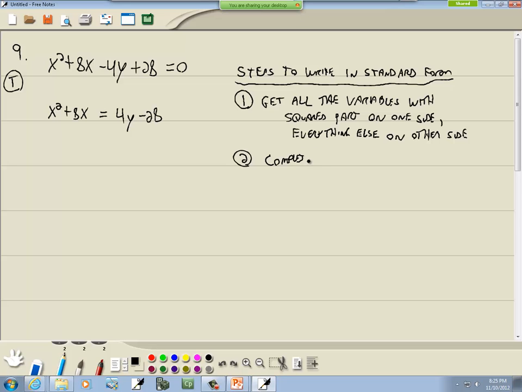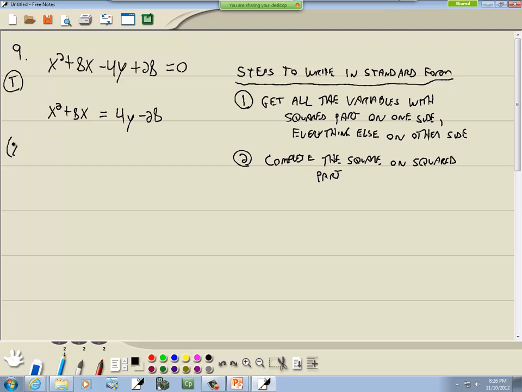Now we're going to complete the square on the squared part. Well, the part that's squared is our x, so we're going to complete the square on it.